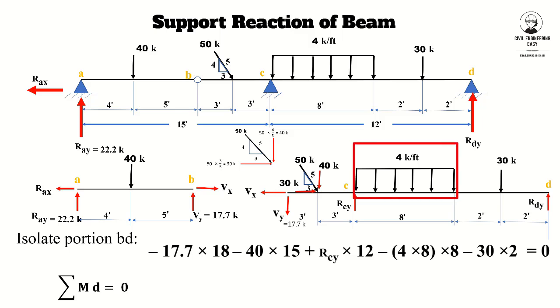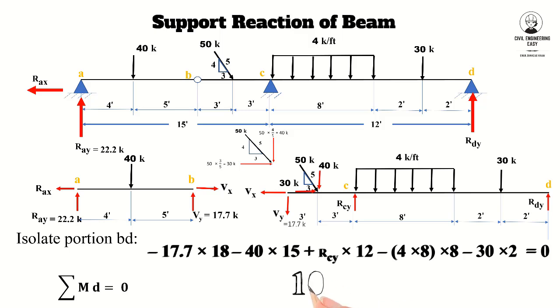The UDL of 4 kips per foot is acting over an 8 feet distance, so change the UDL to a point load by multiplying 4 kips with 8 feet, and it produces an anti-clockwise moment about point B, so consider it as negative. And 30 kips multiplied by 2 produces an anti-clockwise moment. The algebraic summation of all the moments must be equal to 0. So there is only one unknown in the equation, that is RCY. By calculation, we get RCY equal to 103 kips.